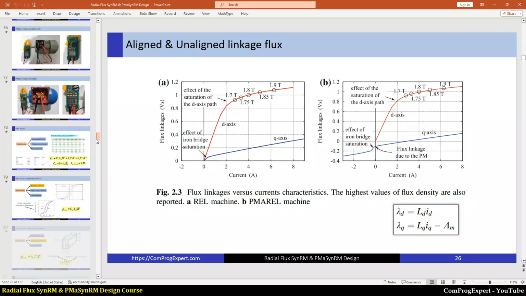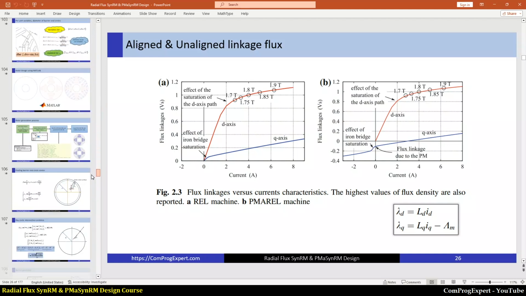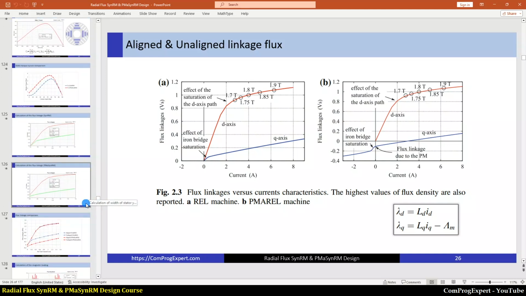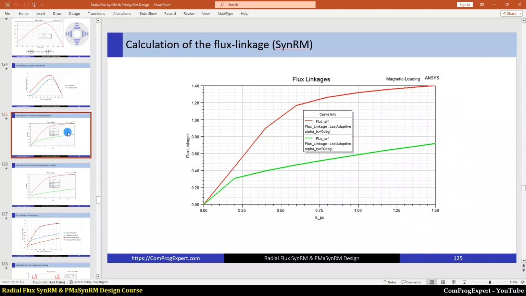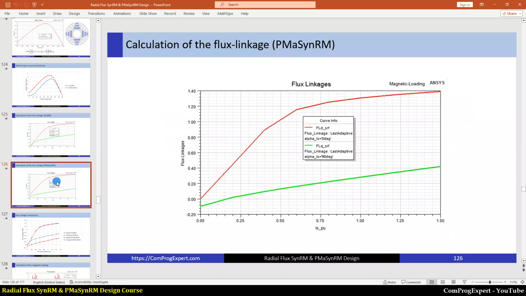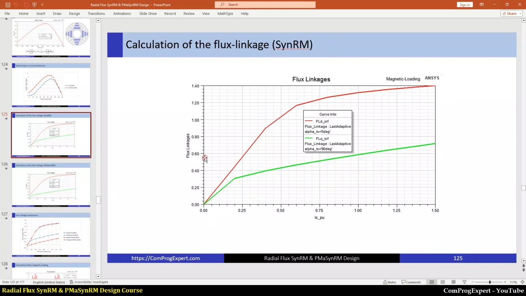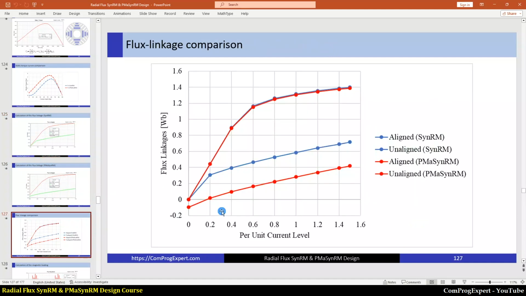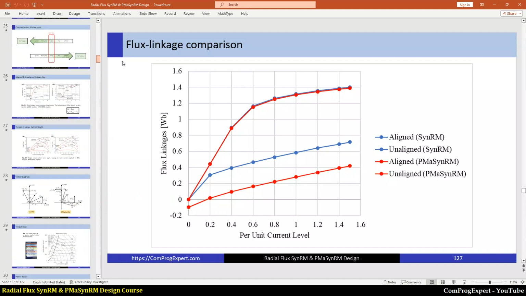Here you can see the calculated values using the finite element method. These are the aligned and unaligned flux linkage curves for the synchronous reluctance motor and for the PM assisted motor that we will calculate using the finite element analysis later.